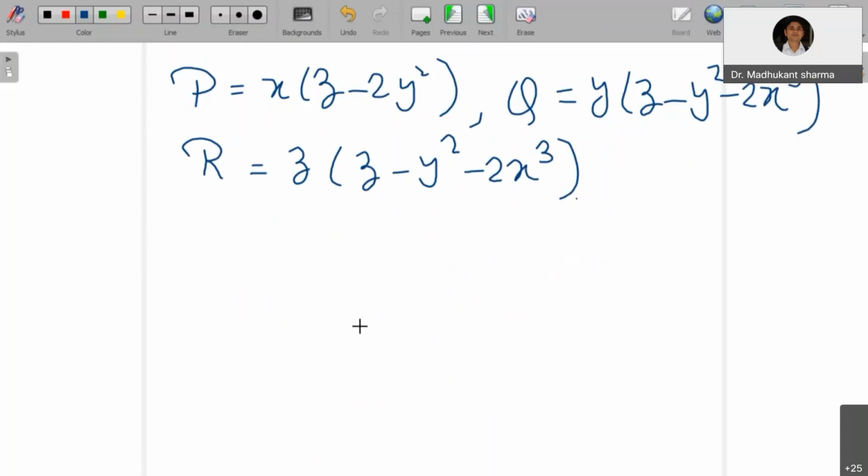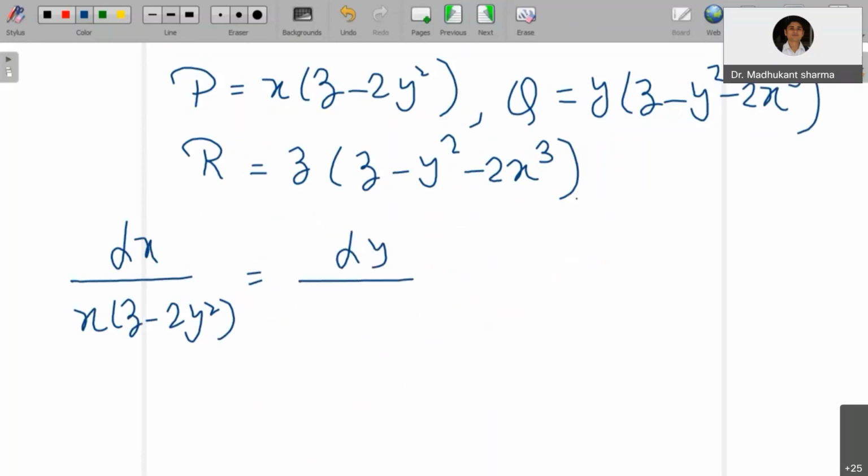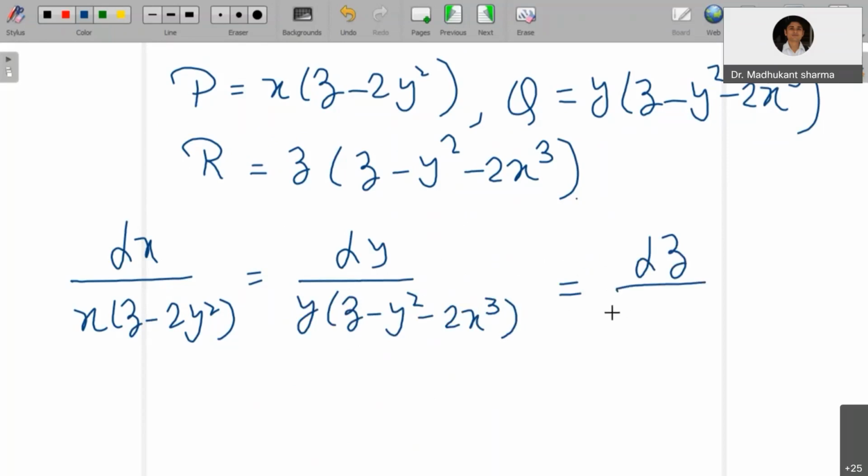Now I am writing straightforward the Lagrange equation: dx divided by x into z minus 2y square equals dy divided by y into z minus y square minus 2x cube equals dz divided by z into z minus y square minus 2x cube.